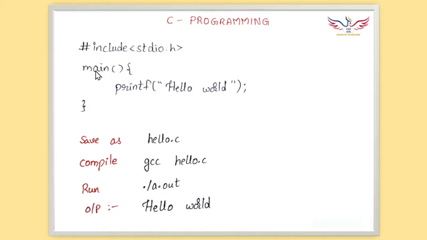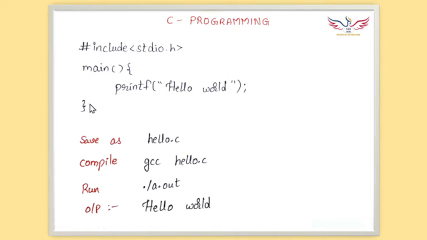Function, in the sense, will have some set of lines, logic, written inside it. According to our business logic, according to our problem, there will be a solution that will be written inside the function in order to be executed. So main is the function and printf is inside the main.